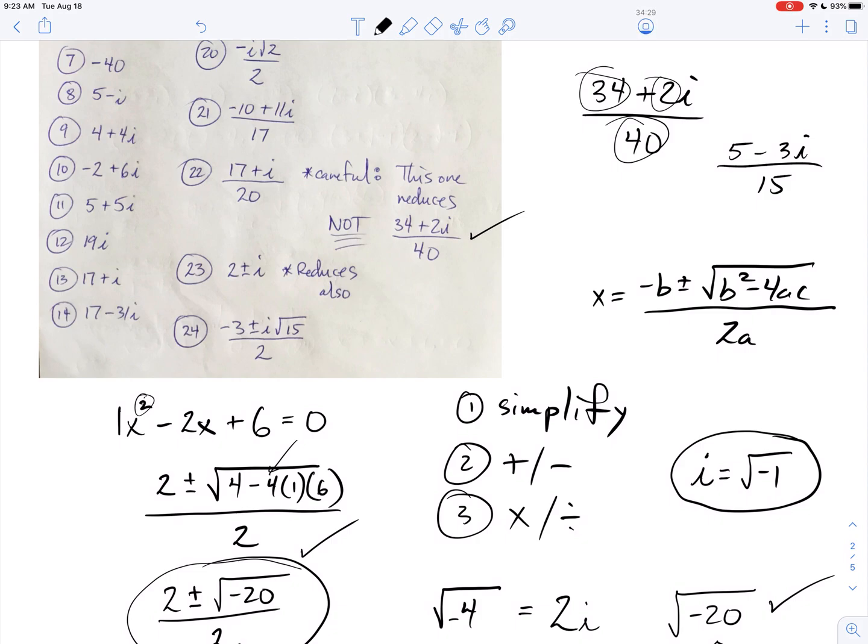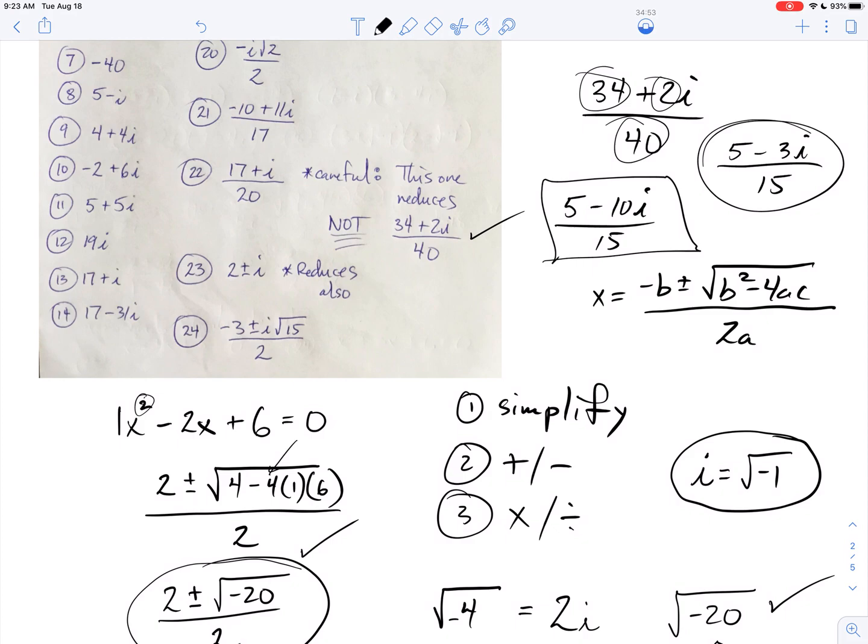These guys don't all have a common factor except for 1, and if 1 is your only common factor, you don't get to reduce. That is simplest form for that answer. Now, something like this, though, if I had 5 minus 10i over 15, now that's reducible. That's totally reducible. Look at that one. What goes into all those guys? 5.